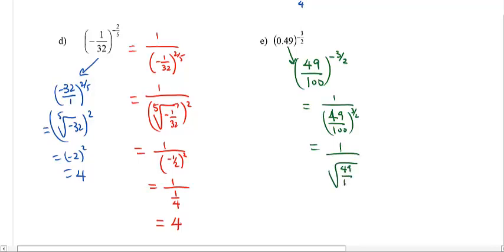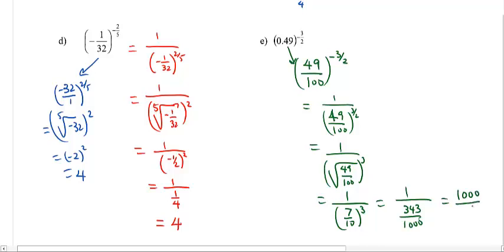Square root, once again, remember the bottom number is the root, the top number is the power. 343 over 1,000. 1,000 over 343.